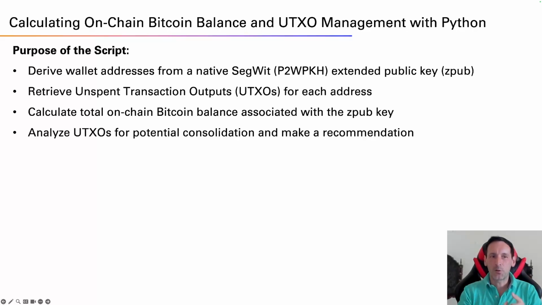The script also retrieves, for each address that it derives from your public master key, the unspent transaction outputs, your UTXOs, for each of those addresses. It calculates the total on-chain Bitcoin balance associated with your public key.